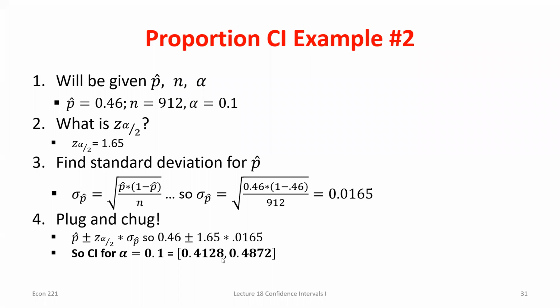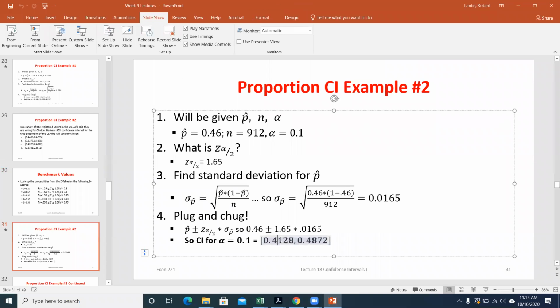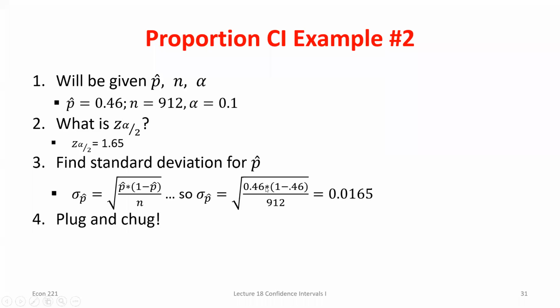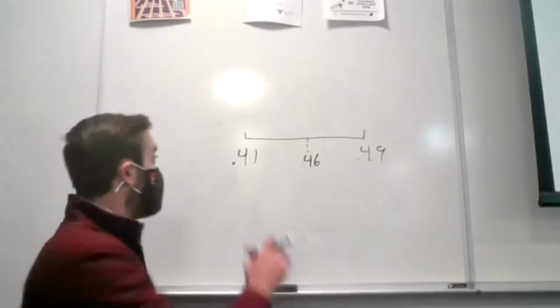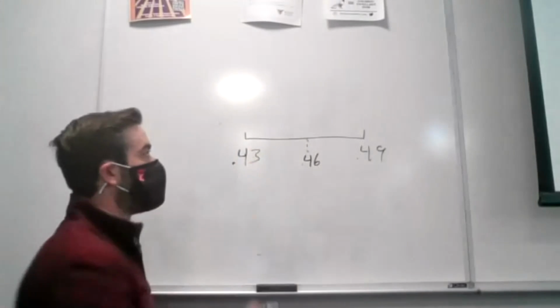So 0.46, 0.4. Is it just my rounding here? Let me make sure I didn't make a math error here. 0.43, okay, that makes more sense. Must have a typo there. There we go, that makes a lot more sense. Okay, so 0.43-ish. Yeah, that's what it should be.